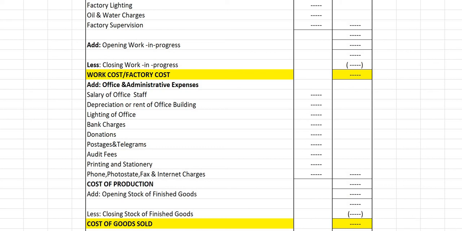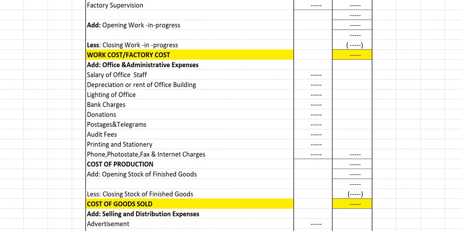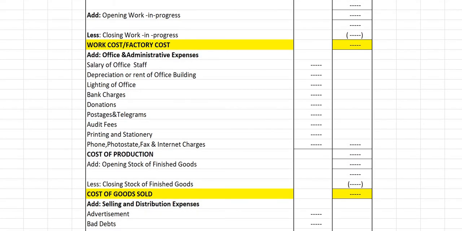Now in cost of goods sold, we have to add all the selling and distribution expenses. That means whatever expenses are incurred either to sell a product or to distribute a product. So it can be advertisement expense, bad debt. Bad debts arise if you have sold the product to any debtor and that debtor has become bankrupt and is not able to repay the amount to you.